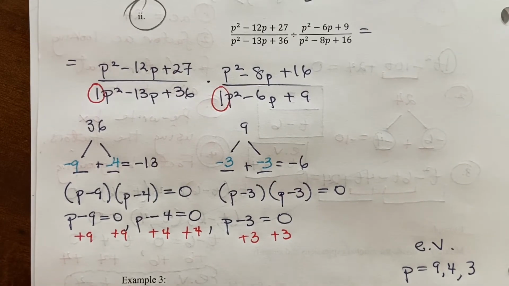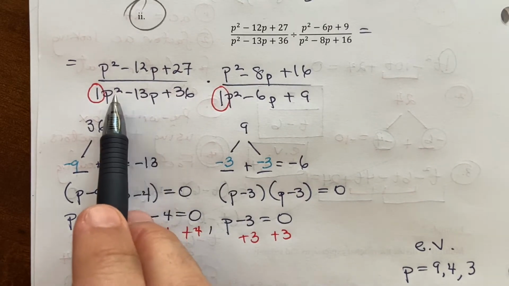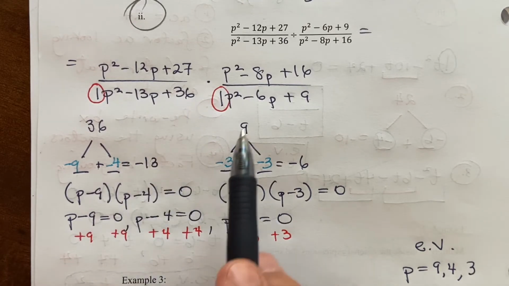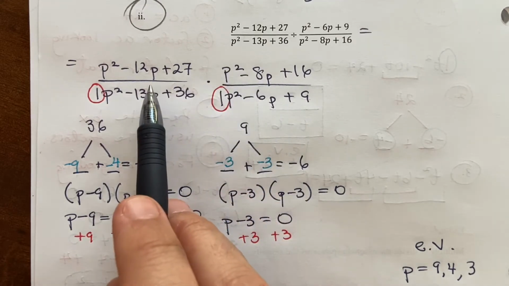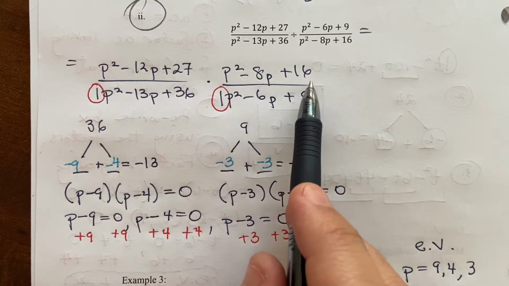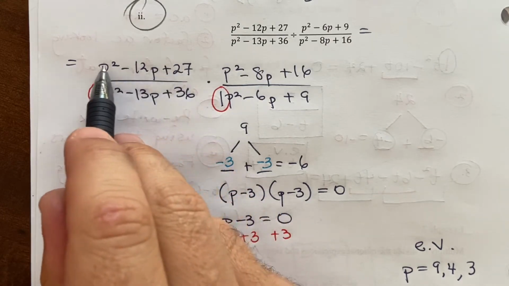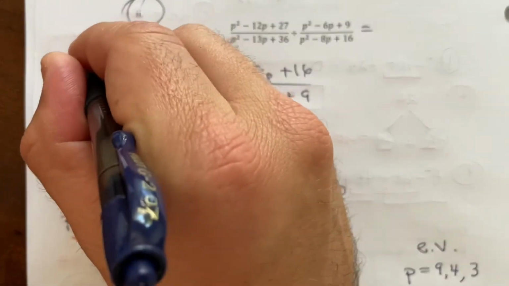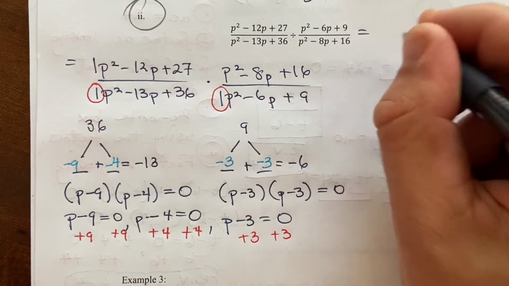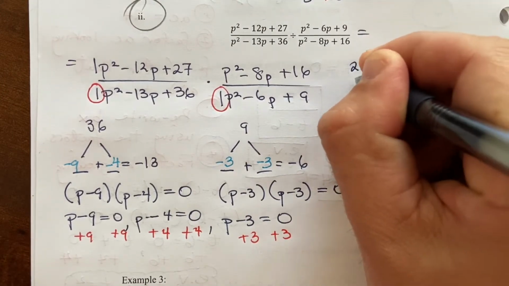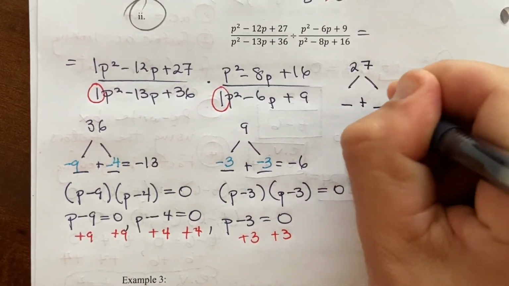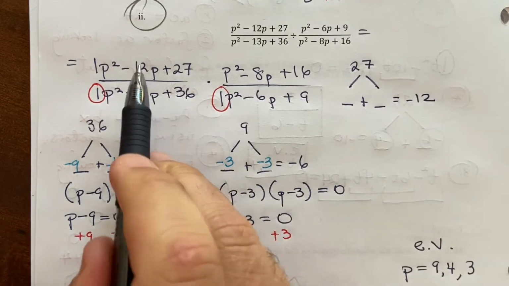And what I'm going to do now is replace the denominators with the factored version. And then I'm also going to factor the numerators. This is now the simplify part. Okay, so I need to factor this thing as well. So again, there's a 1 there. So 1 times 27 is 27. Now looking for things that add up to negative 12, and that's for this one.